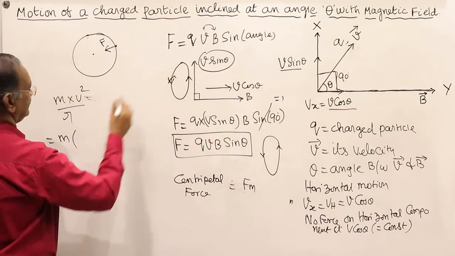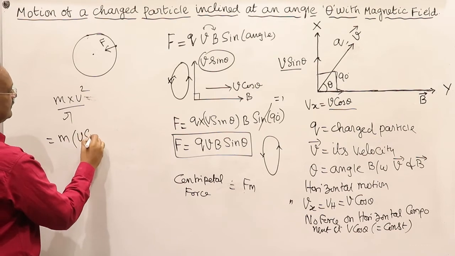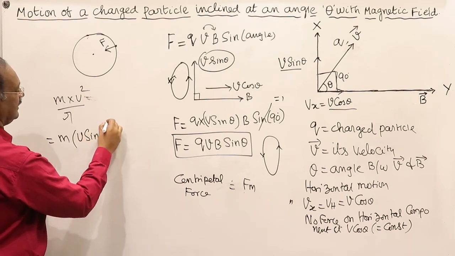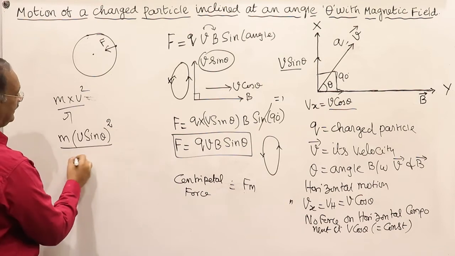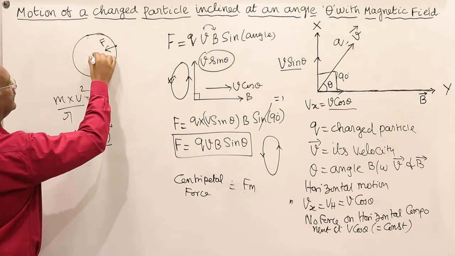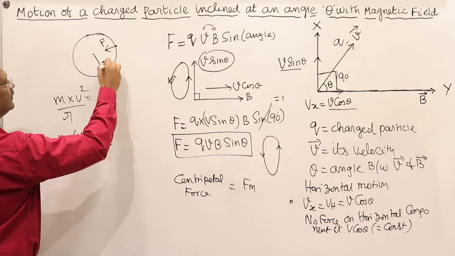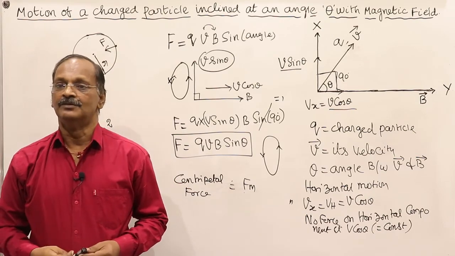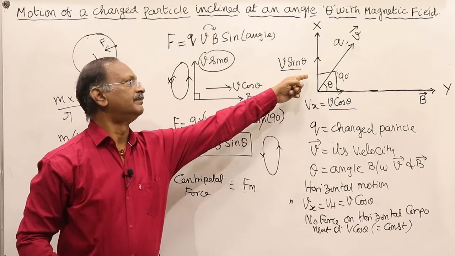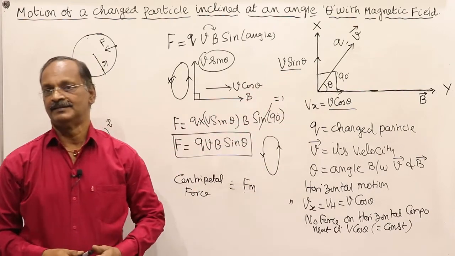So this velocity is v sin theta, and its square is divided by the radius, where r is the radius of the circular orbit in which the particle will move because of this perpendicular component of the velocity.